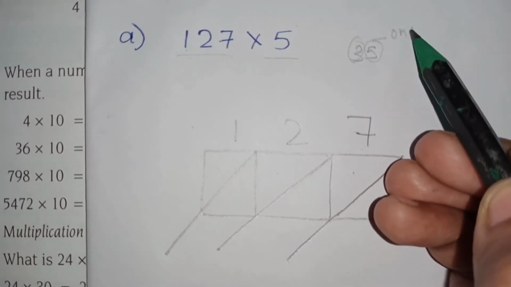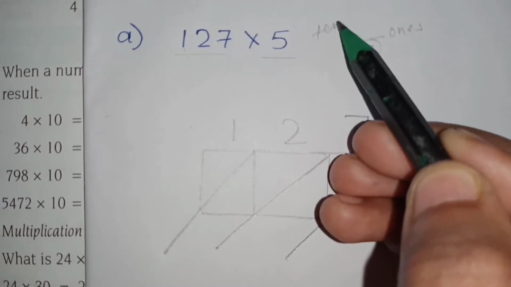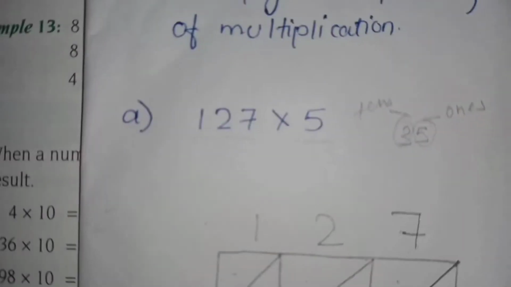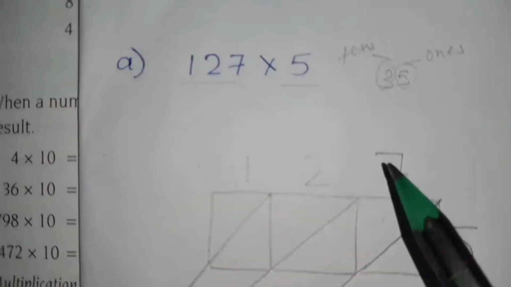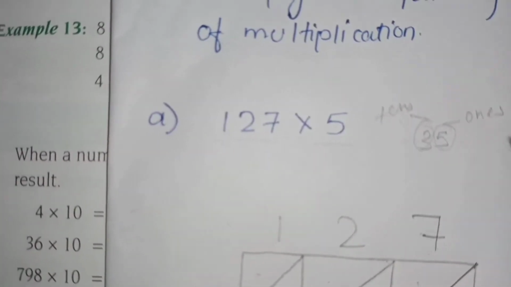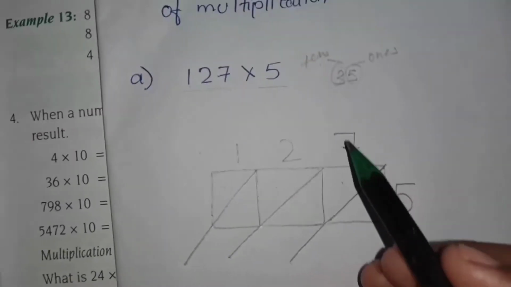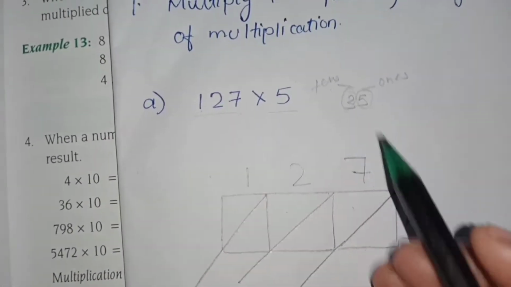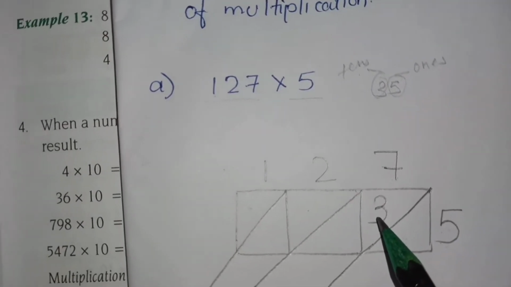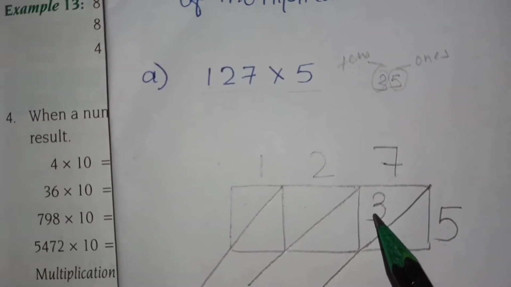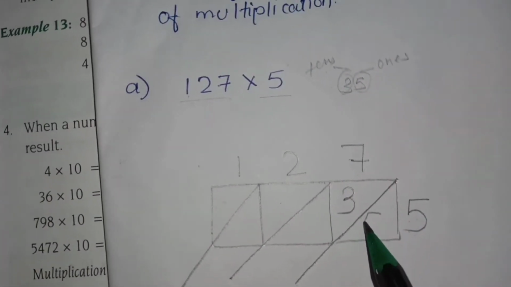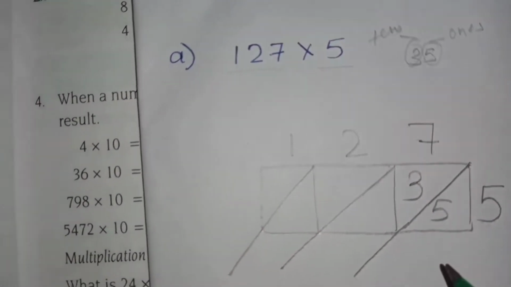In 35, the 5 is in the ones place and 3 is in the tens place. So the number in the tens place you will write here, and the number in the ones place you will write here. Done this one.